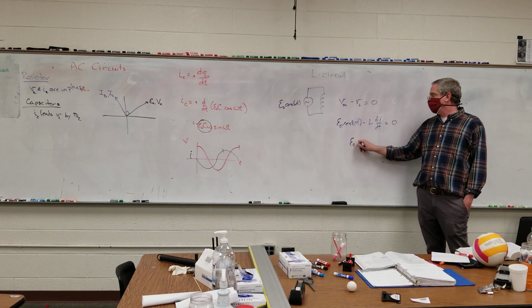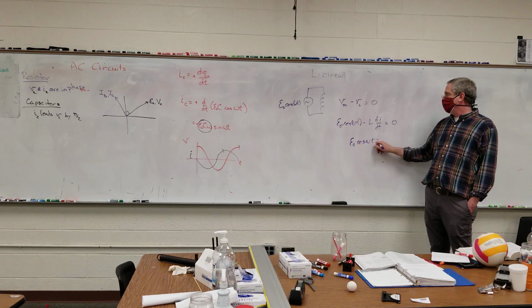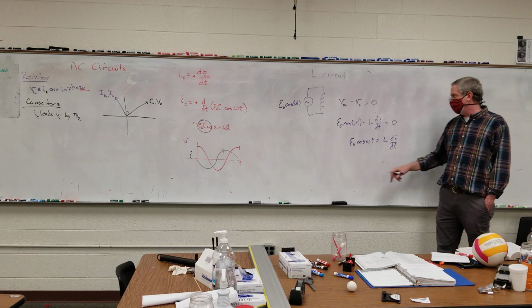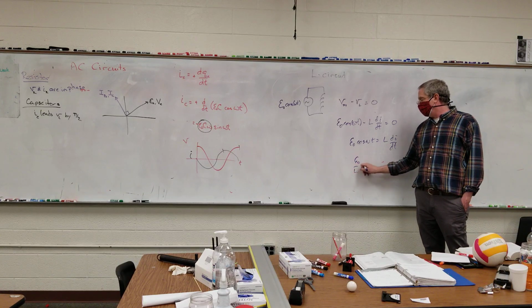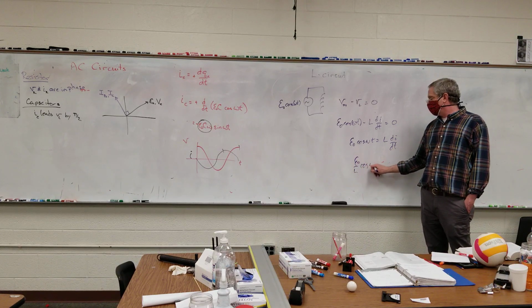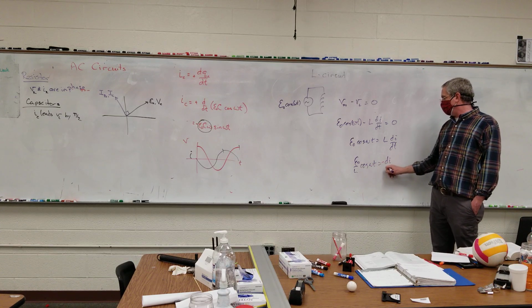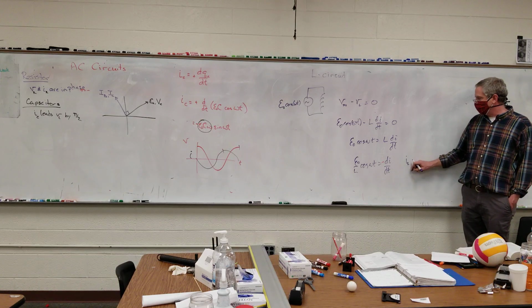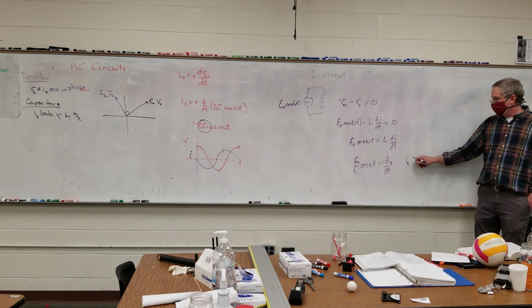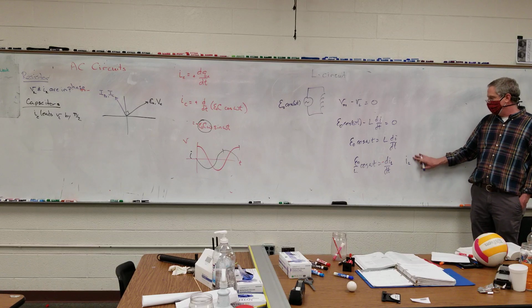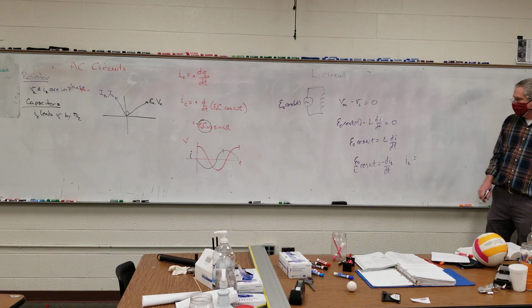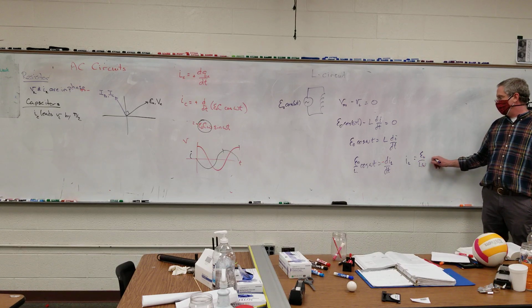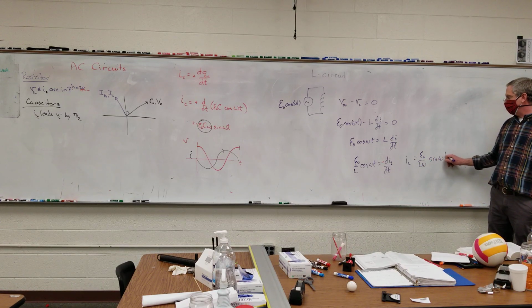So epsilon sub naught cosine omega t is equal to L dI/dt. Dividing by L, epsilon sub naught over L cosine omega t is equal to dI/dt. And integrating, this is the current flowing through the inductor, and that's epsilon sub naught over L omega sine omega t.